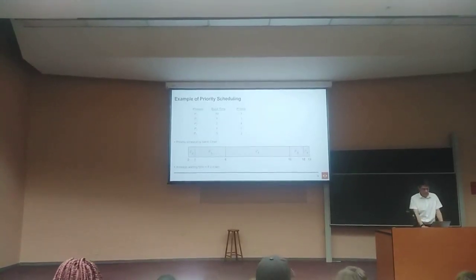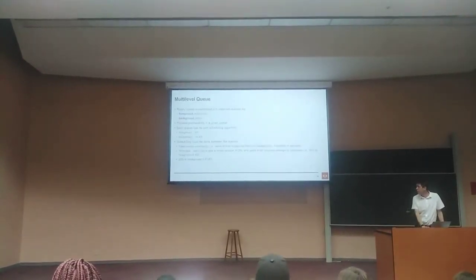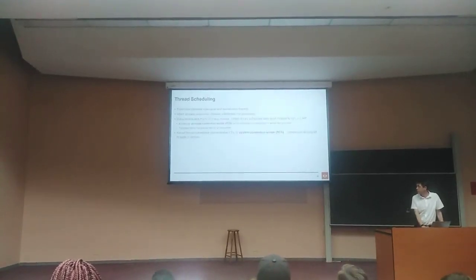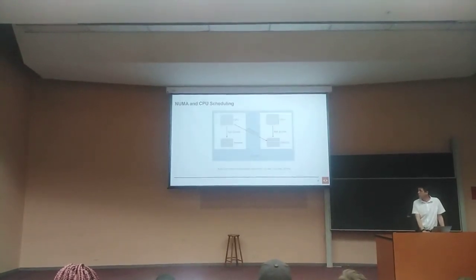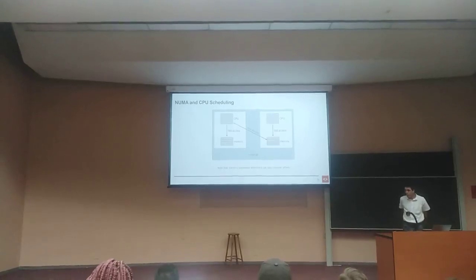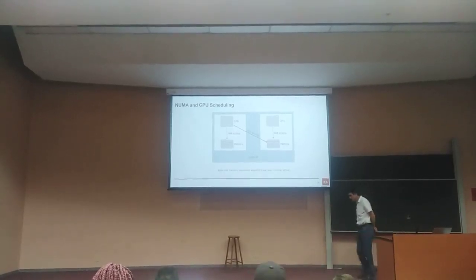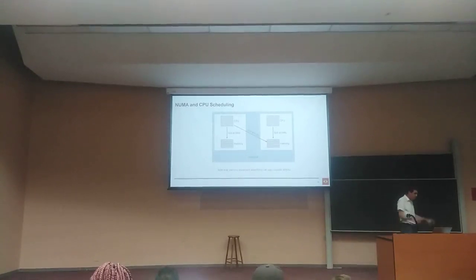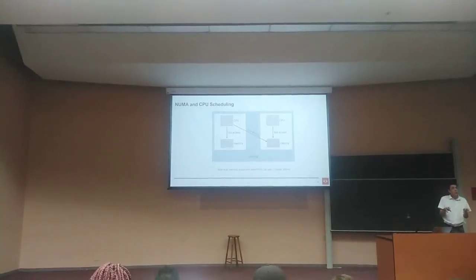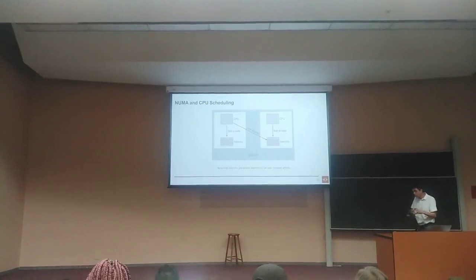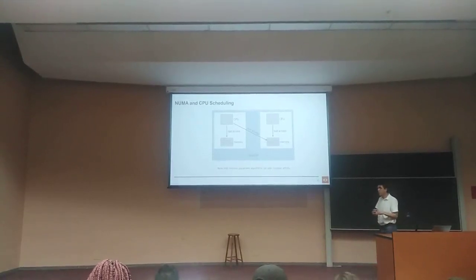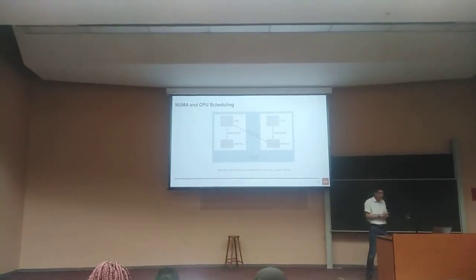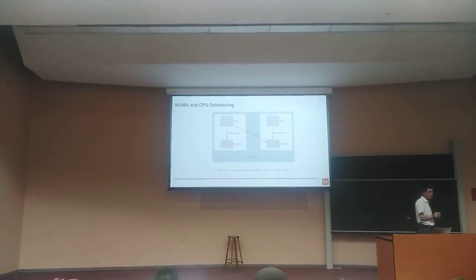Then the last thing that we talked about is when we look at multiple processor systems, it is important for us to understand that we schedule certain processes and we try to keep certain processes local to physical CPUs because of a potential architectural principle called NUMA. What is NUMA?